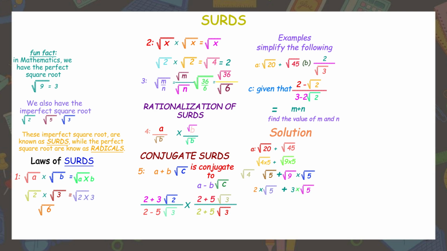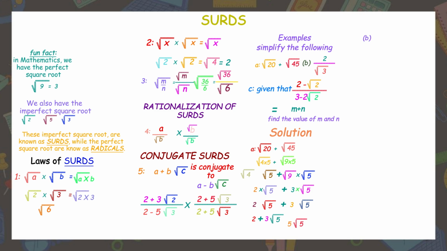So that means we are going to have 2 root 5 plus 3 root 5. So our final answer will be 2 plus 3 root 5. That will give us 5 root 5.